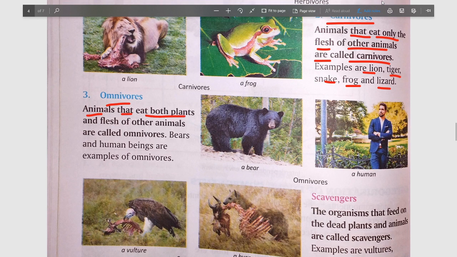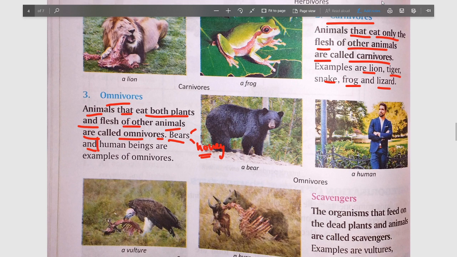Now the third category of consumers is omnivorous. Animals that eat both plants and flesh of other animals are called omnivorous. For example, bears. A bear eats flesh and it also eats honey. Honey is the favorite food of a bear. So it is omnivorous.